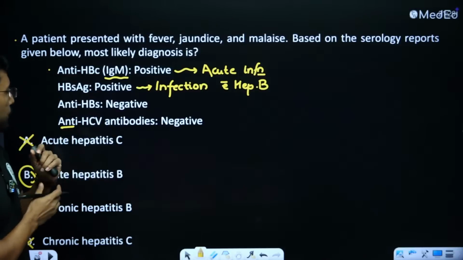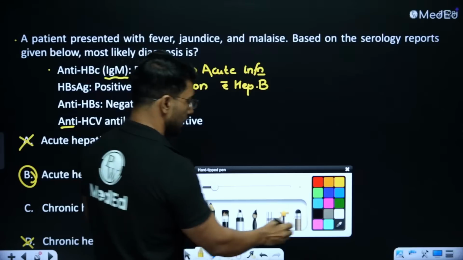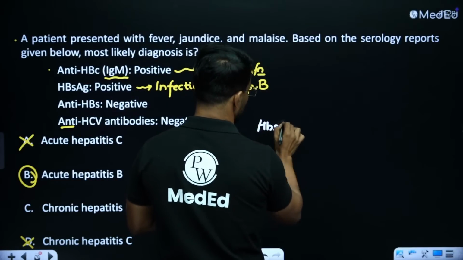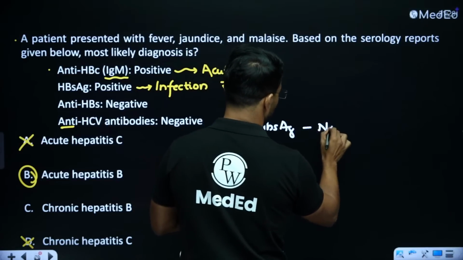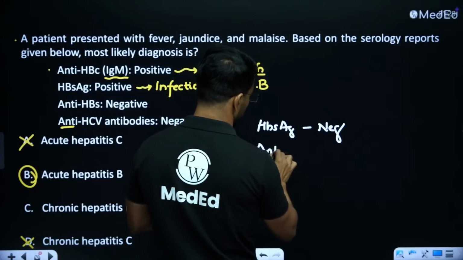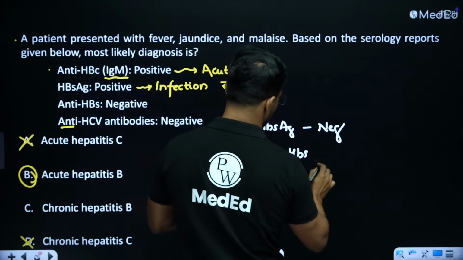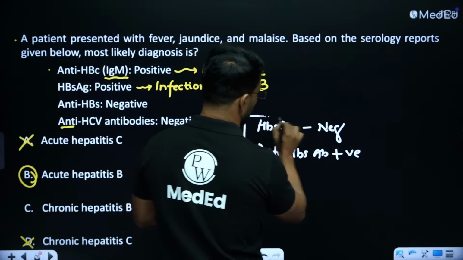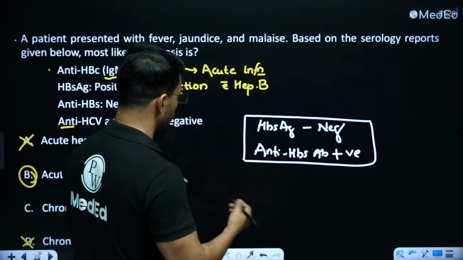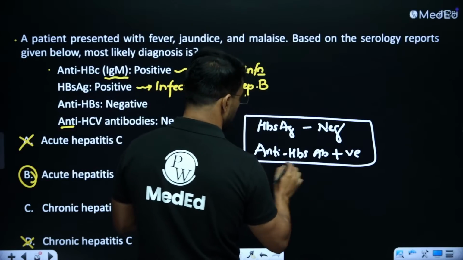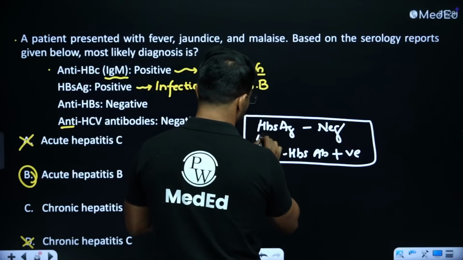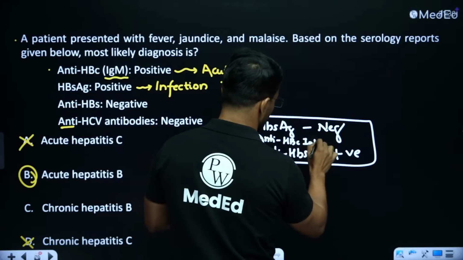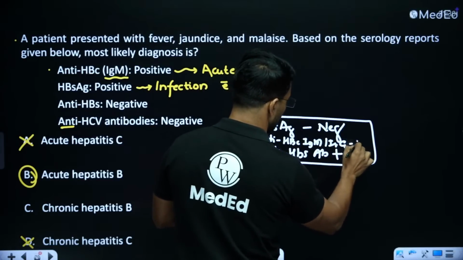Okay. And if I give you another profile, let us say there is a patient with HBsAg negative, anti-HBs antibody positive. So what is going to be your diagnosis in this case? And I have one more, anti-HBc IgM, IgG negative.